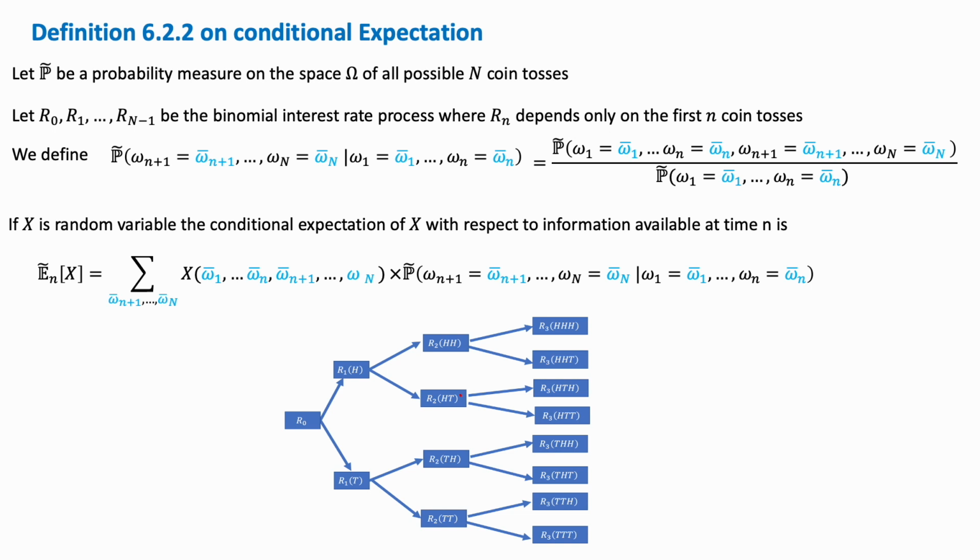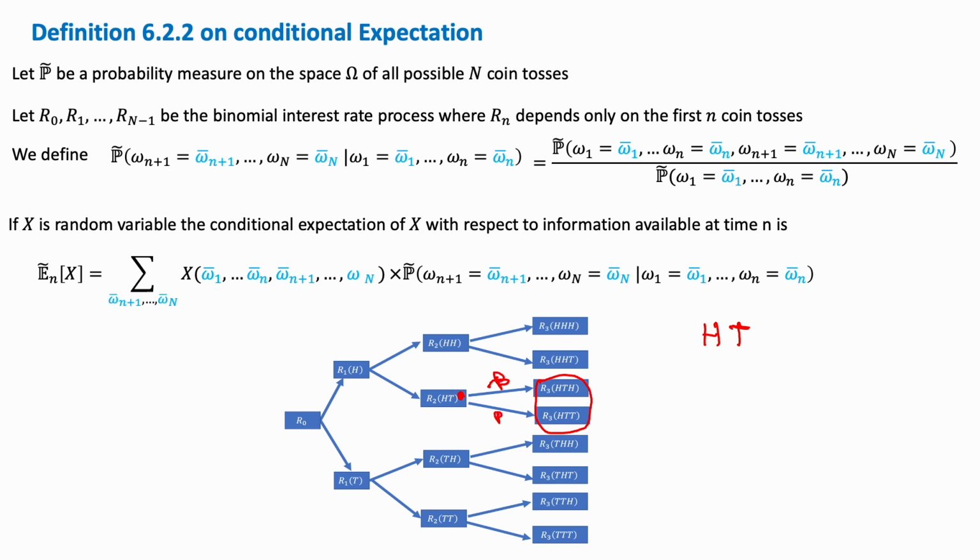Let's say, for example, we are at this point here, right? So we know that the first coin toss was a H. We know the second coin toss was a tail. So once we're at this stage, what is the expected value of the interest rates? Well, it's simple. We know the probability of going from this stage. We know this probability here.